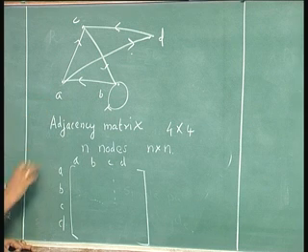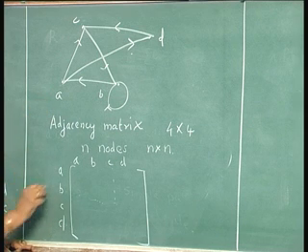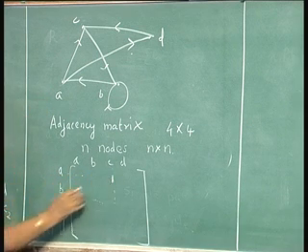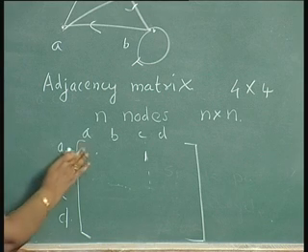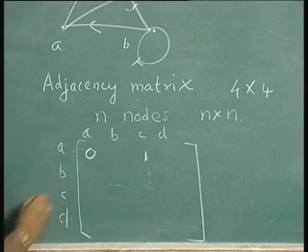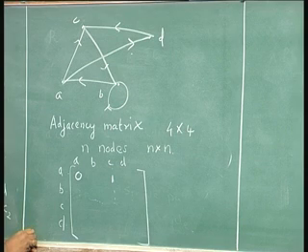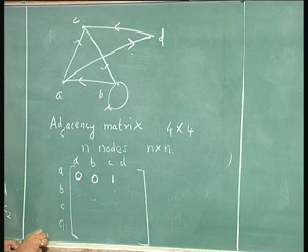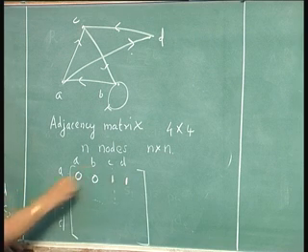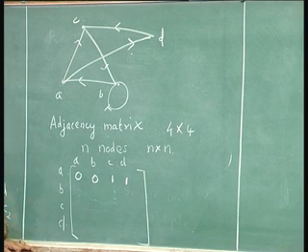Now, look at this, from A to C there is an edge, so this will be represented by a 1. From A to A there is no edge, so that is 0. From A to B there is no edge, so this is 0. From A to D there is an edge, so that is represented by a 1.